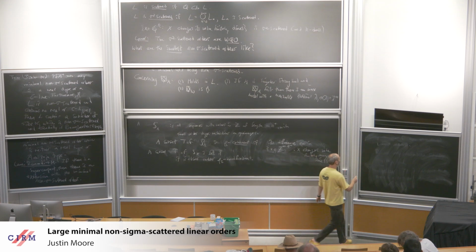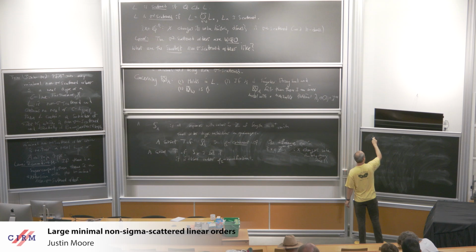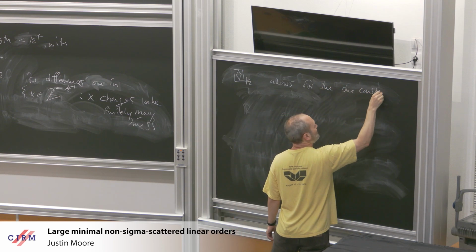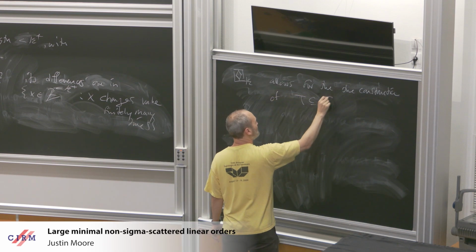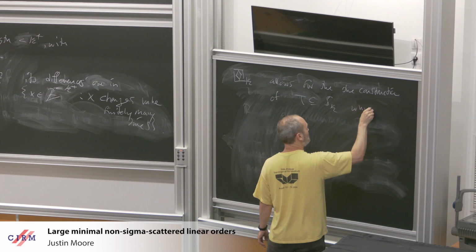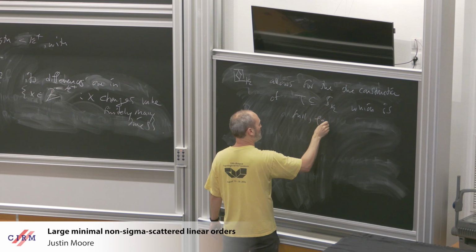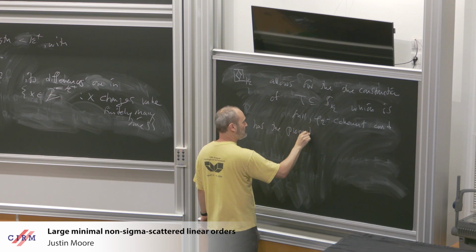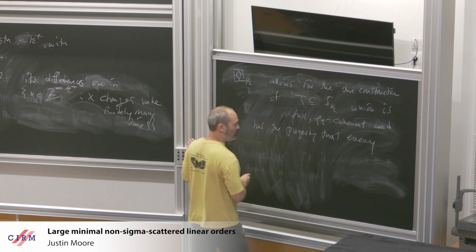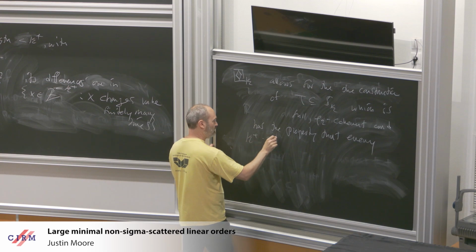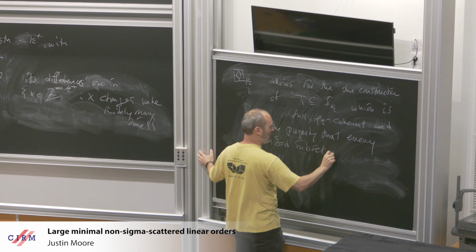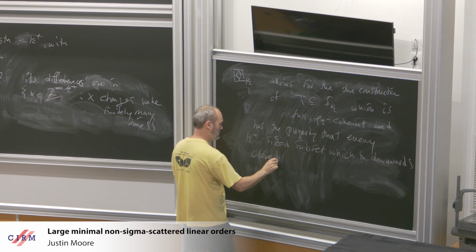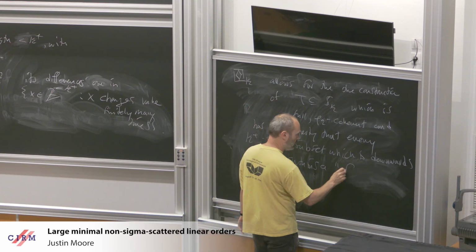You arrange minimality by diamond with the built-in square, which allows for the construction of T, a subset of this S kappa, which is full, rho 2 coherent, and has the property that every kappa plus sized subset which is downwards closed contains what we call a frozen cone.